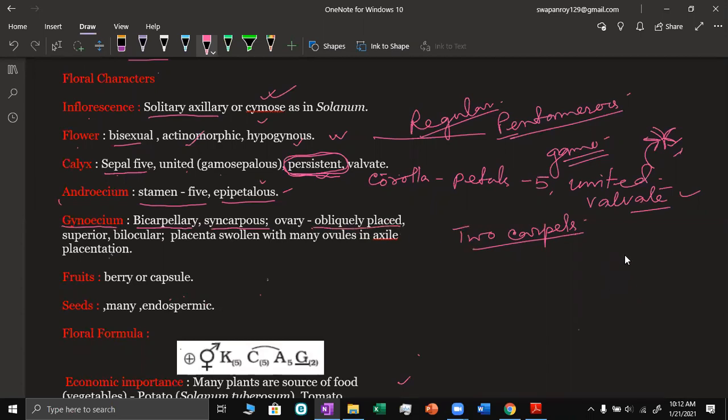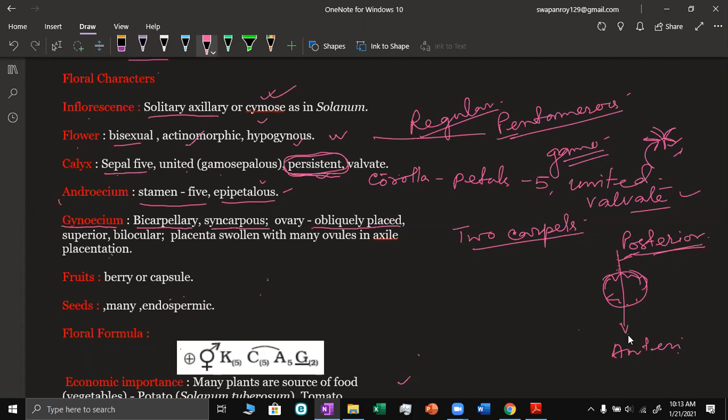A flower has an anterior-posterior line; this is anterior, this one is posterior. Posterior, when you see the flower attached to the plant, is the side of the flower which is towards the stem or the branch. That is the mother axis. To that side is posterior.